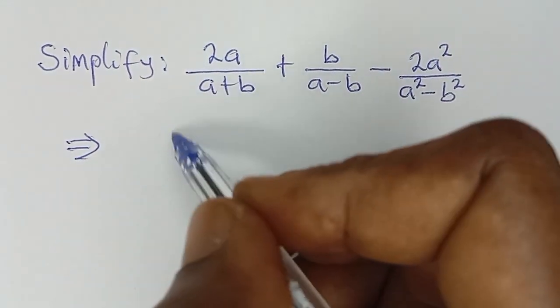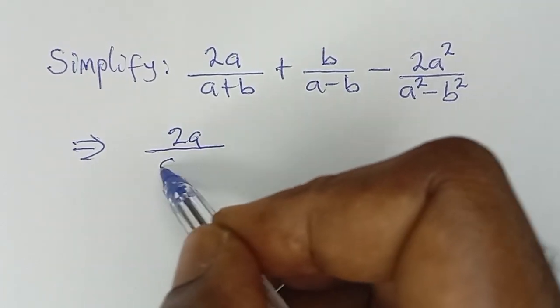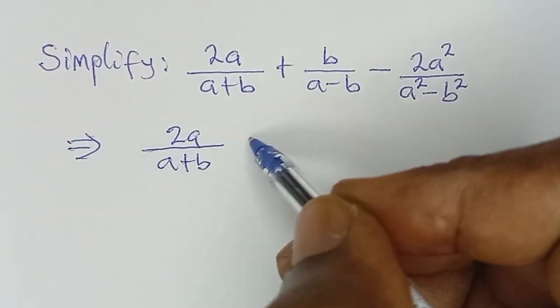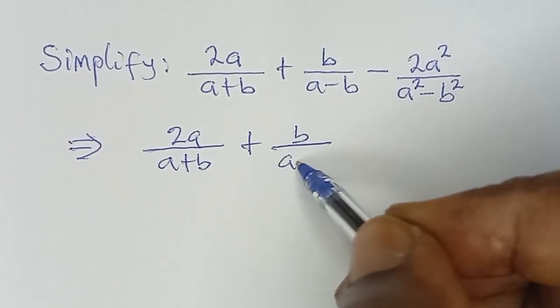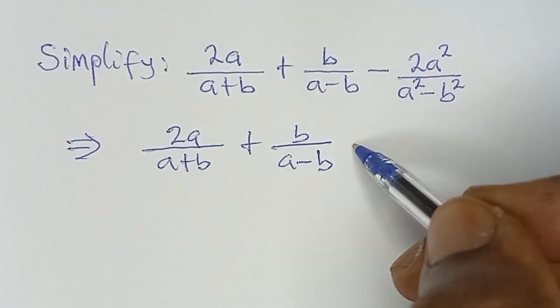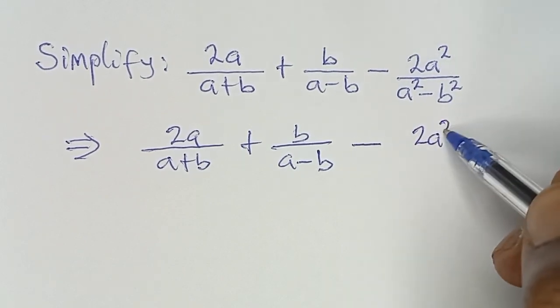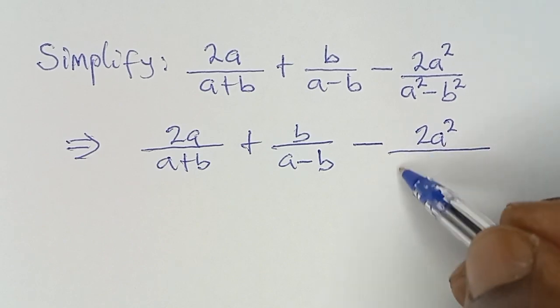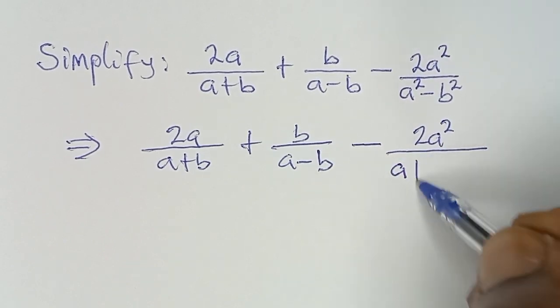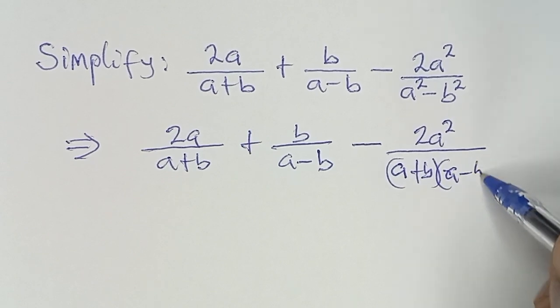So let me write down this one first. I have 2a all over a plus b plus b all over a minus b, and then minus 2a square all over, this difference of two squares can simply be written as a plus b and then a minus b.